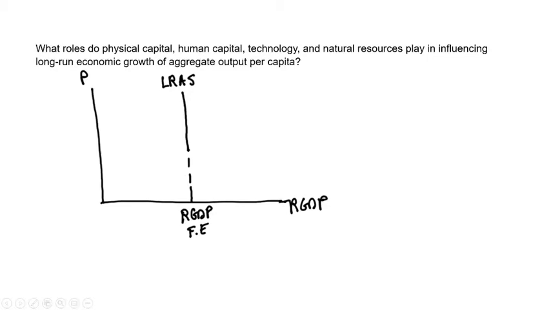The answer is no, because in time, if we can increase our resources, we can expand our economy's capacity, and this economy can produce more goods and services, and the full employment level of output will shift to the right.